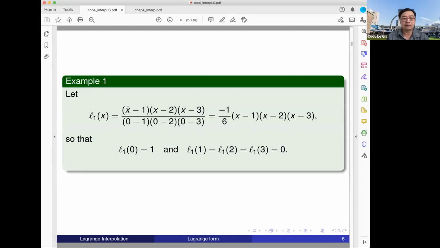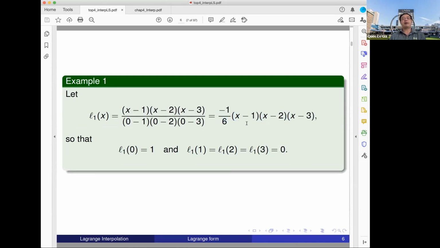Then you take x minus 1, x minus 2, and x minus 3. Now the denominator, you take the very first point, 0 minus 1, 0 minus 2, 0 minus 3. This is just a simplification, so you can simplify it.